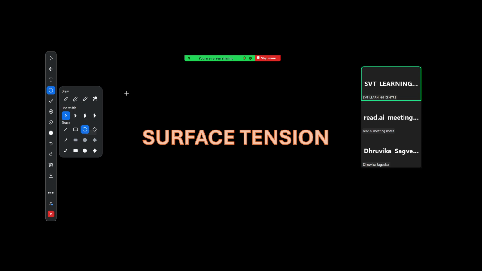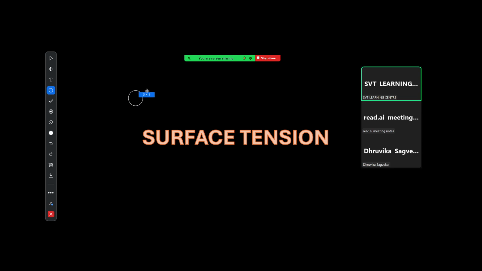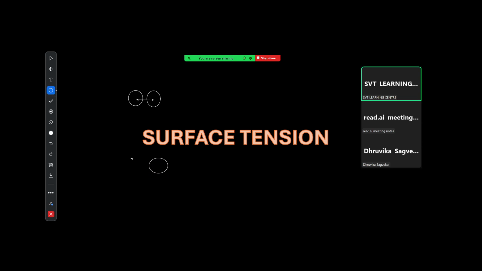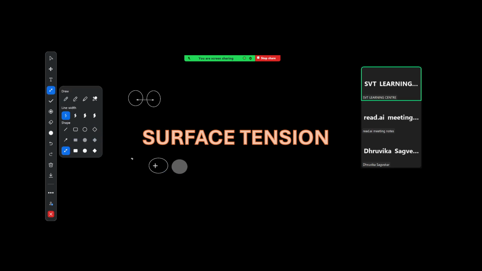If you look at two molecules of the same type, the force between them is called the force of cohesion. On the other hand, if you have two molecules of different type, the force of attraction between them is called the force of adhesion. So we have two types of intermolecular forces that we are discussing here.